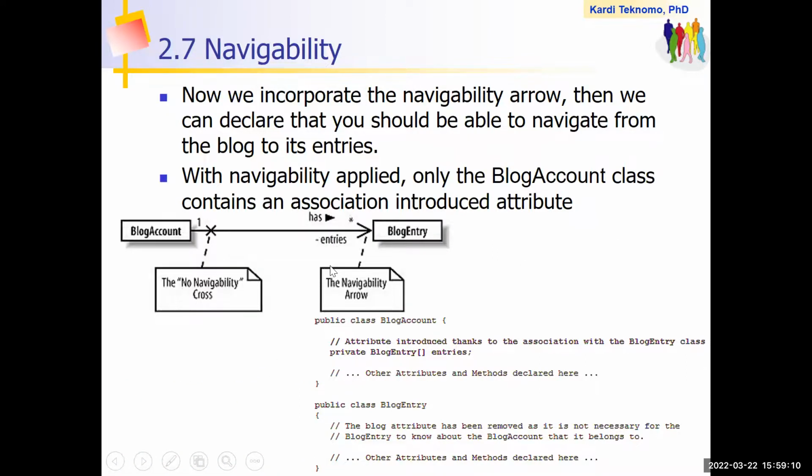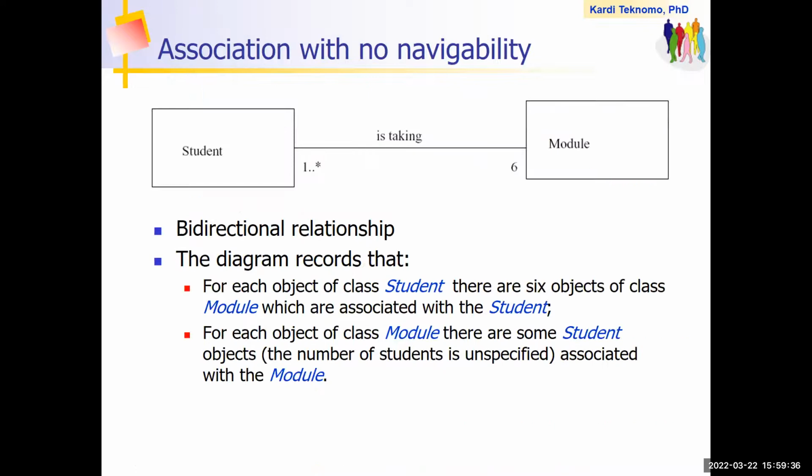The arrow is representing the navigability. So one block account has many block entries, so it's not the other way around, right? So that is the arrow representing the navigability. You can navigate within this.